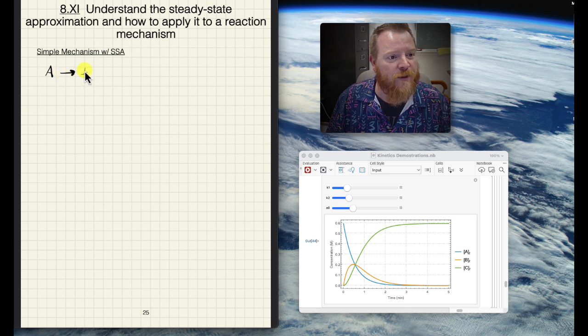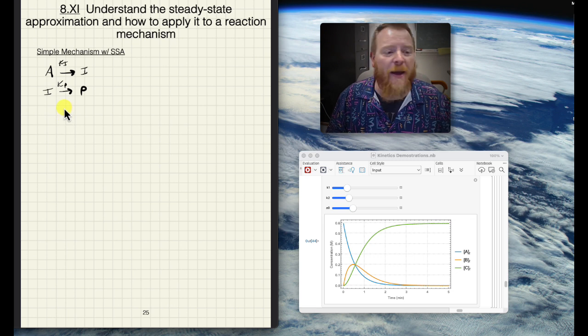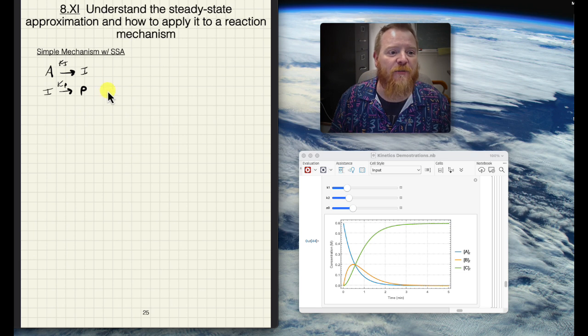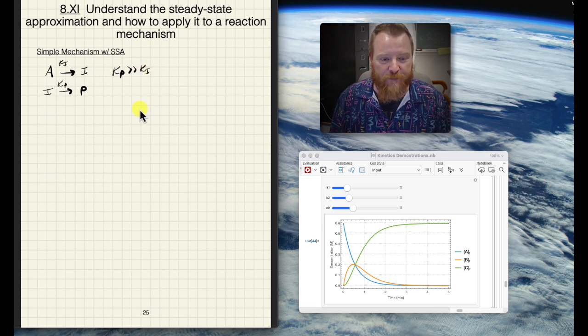So A goes to intermediate I with rate constant Ki, and then the intermediate goes to product with rate constant Kp. Now there's a couple of things we have to consider for the steady state approximation to hold. We have to have a clear rate determining step. To have that, we need to go back to the situation where Kp is much, much greater than Ki.